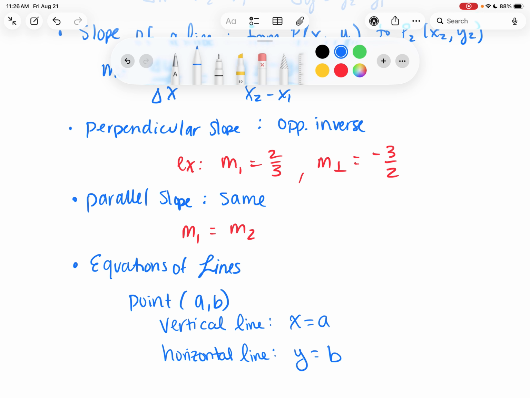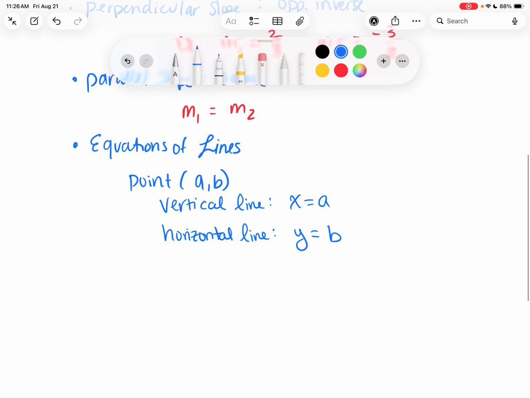So y is equal to b. So those are obviously essentially the most basic lines that we can have. And then we'll have our other form.